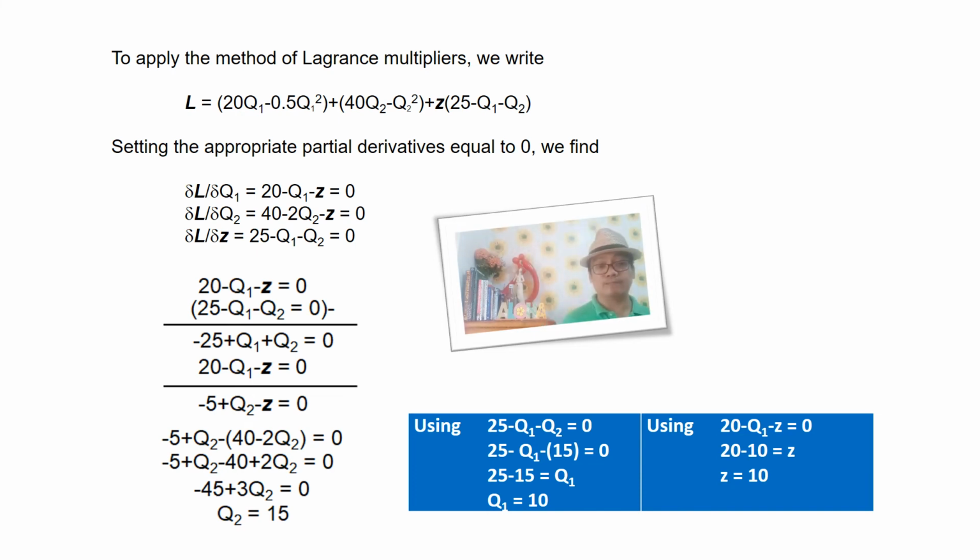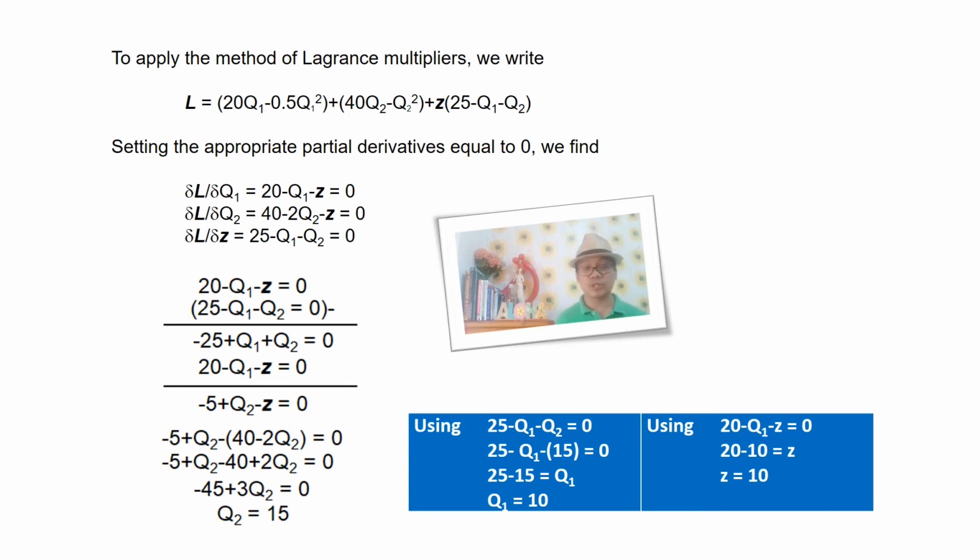Setting the appropriate partial derivatives equal to 0, we find the partial derivative of the Lagrangian function with respect to Q1 equals 20 minus Q1 minus Z equals 0. The partial derivative with respect to Q2 equals 40 minus 2 Q2 minus Z equals 0.